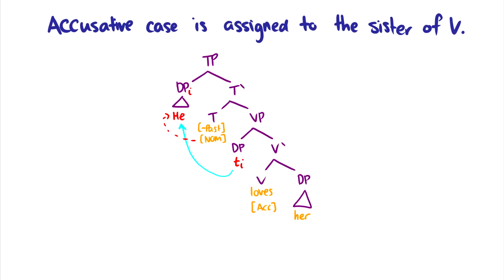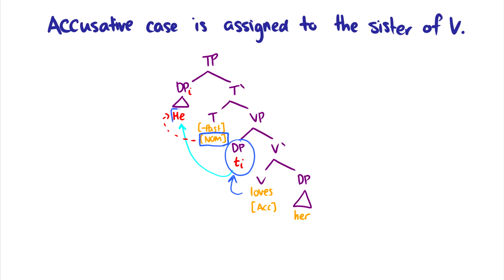So how do we get accusative case? Well, accusative case is assigned from the verb, and the sister of V gets accusative case. Let's just quickly look at what's happened so far. We have the sentence, he loves her. So he starts out as the specifier of VP to get a theta role from loves, and then in order to get nominative case, it moves up to spec TP where T gives it nominative case.